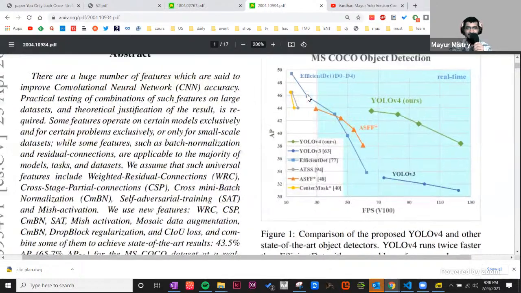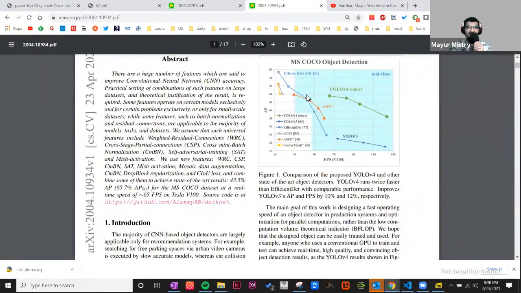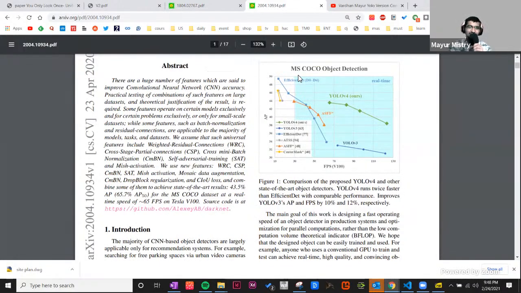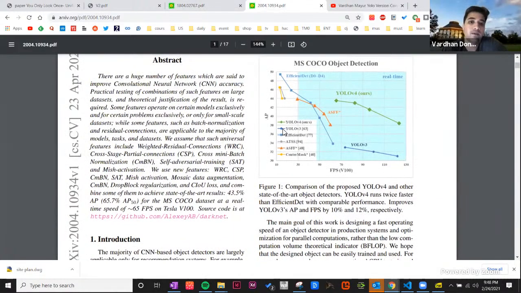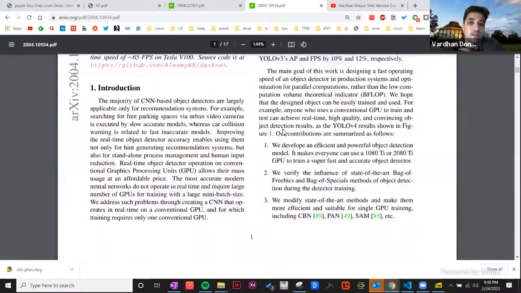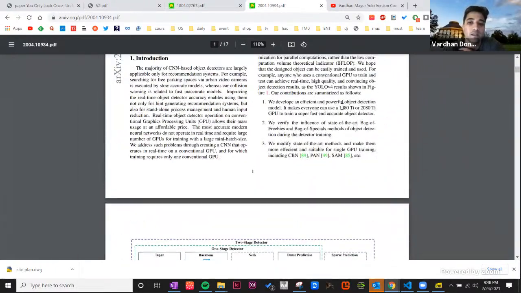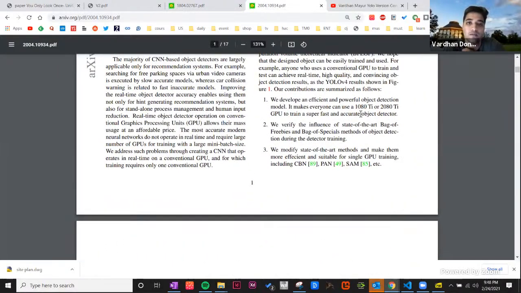One was by Google, another was by Facebook. EfficientDet is definitely by Google, and I'm not sure which other one you're referring to, but EfficientDet is from Google's team, and it's a very interesting idea. I would suggest anyone who is interested to go through what they have done.